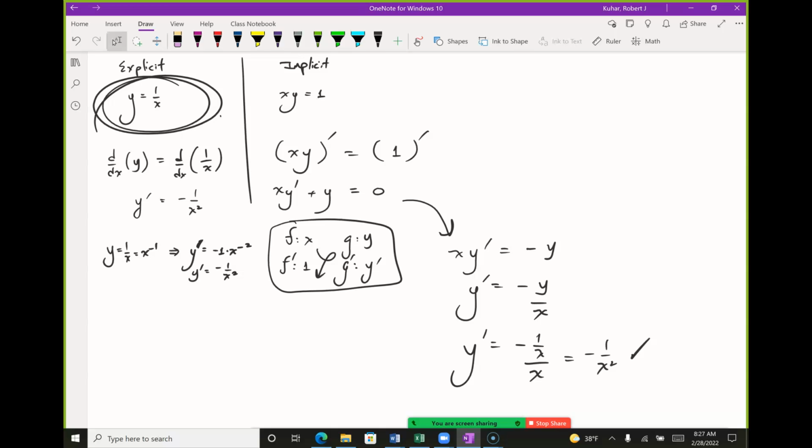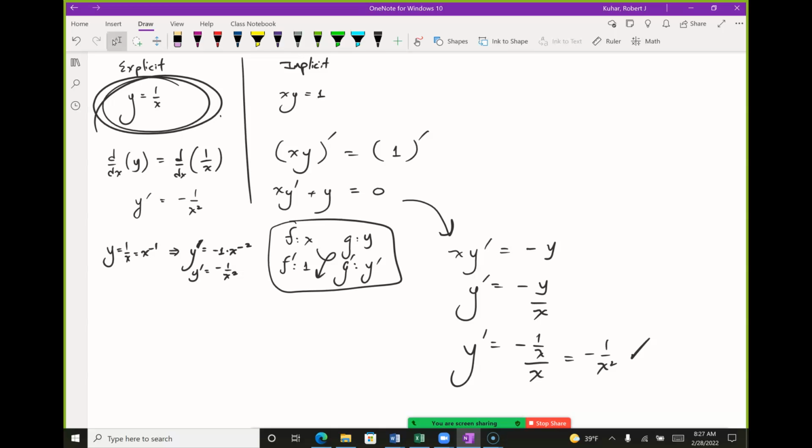Sometimes I can't solve things explicitly, right? So sometimes I cannot solve things explicitly. And in that case, I have to use this implicit piece, okay? And the little secret here is, if I ask you for a derivative, I want you to solve for y prime.